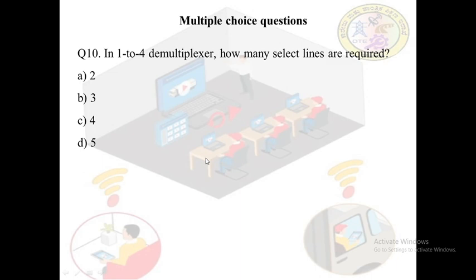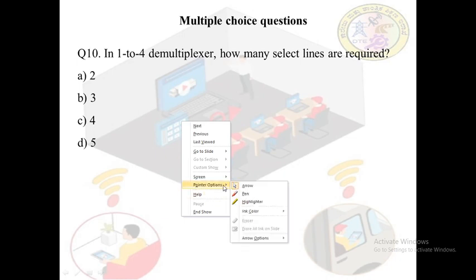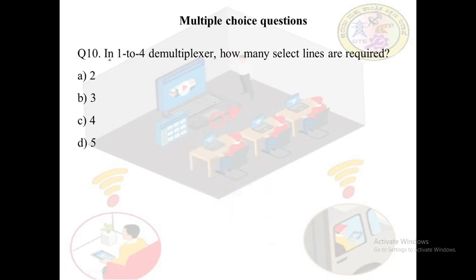10th question. In a 1:4 multiplexer, how many select lines are required? See, it is asked in a different way: 1:4. When we say 1:4, it means 4 input lines and 1 output line.